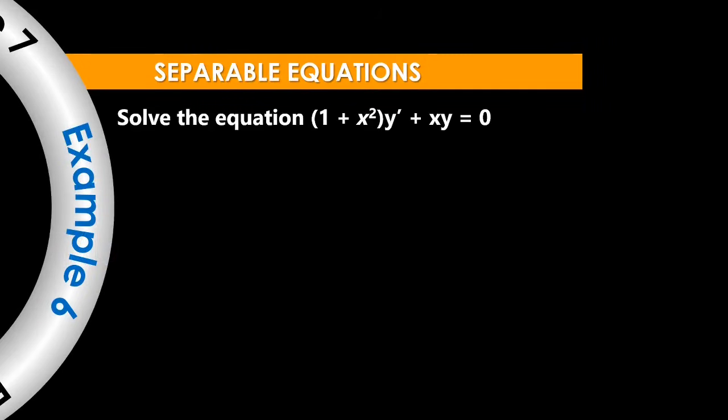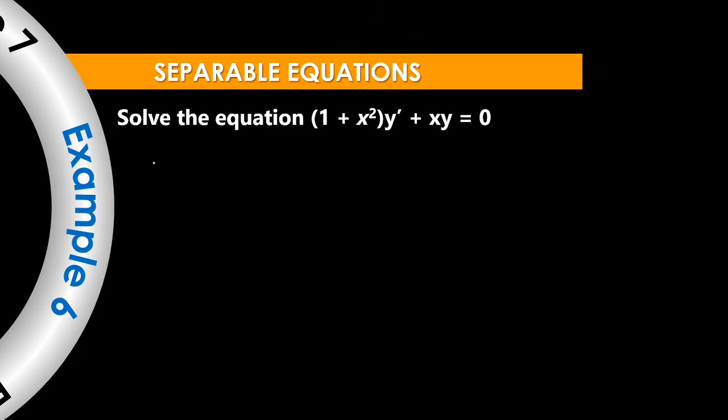Example number 6. Solve the equation (1 plus x squared) y prime plus xy equals 0. So here, this y prime can be multiplied by dx to eliminate the denominator. And then after that, this can be the denominator of dy, and this 1 plus x squared can be the denominator of x.